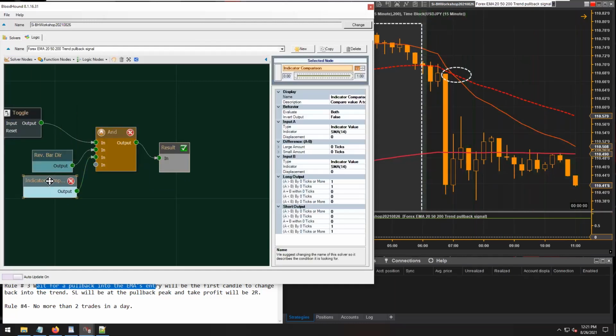Yeah, so that crossover was just too restrictive. Just simply checking to see, is the low price below the EMA 20? That tells you that the market did indeed pull back into those EMAs.